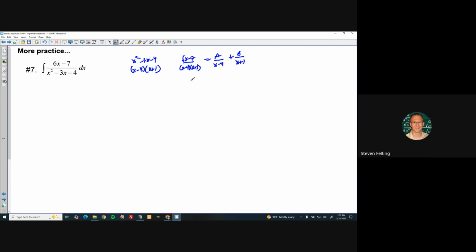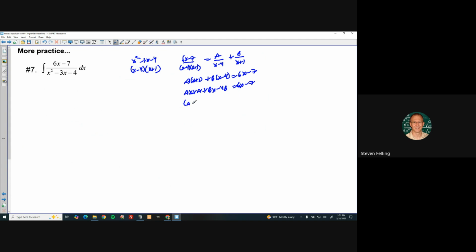This one times this derivative, plus the b times the x minus 4. That's the derivative on that denominator, equals 6x minus 7. We multiply out here, we get ax plus a plus bx minus 4b equals 6x minus 7.